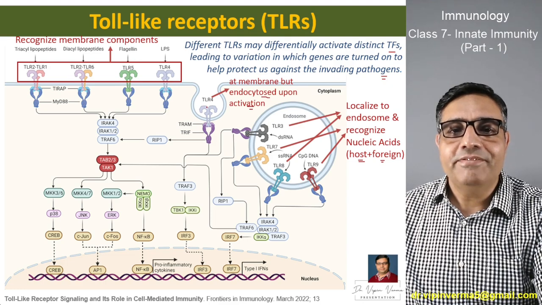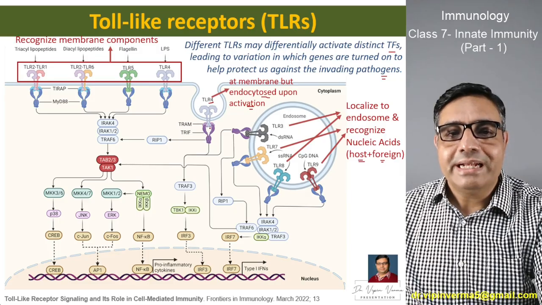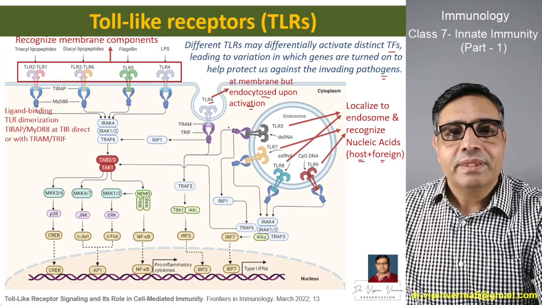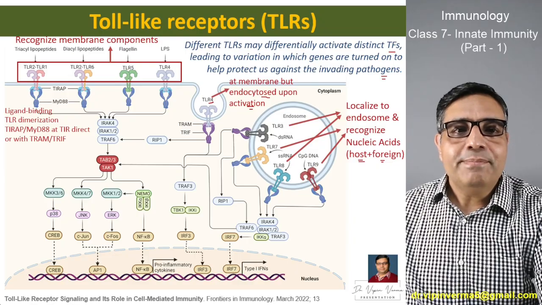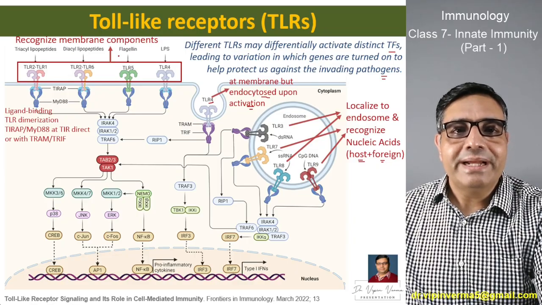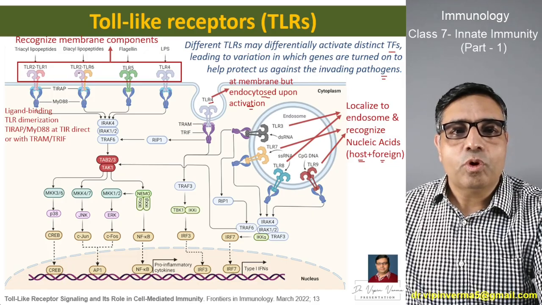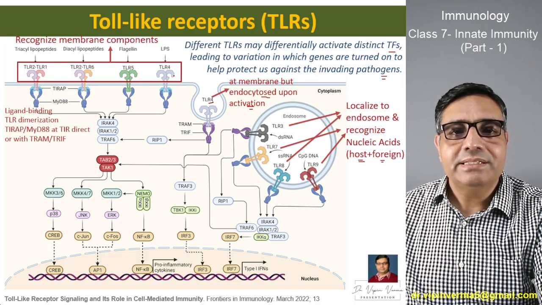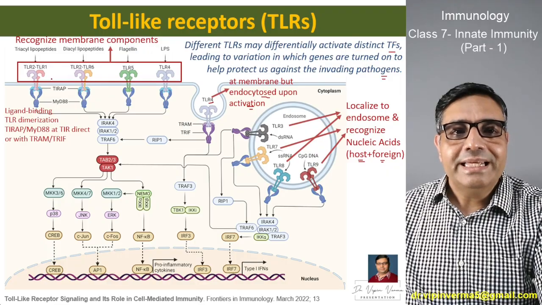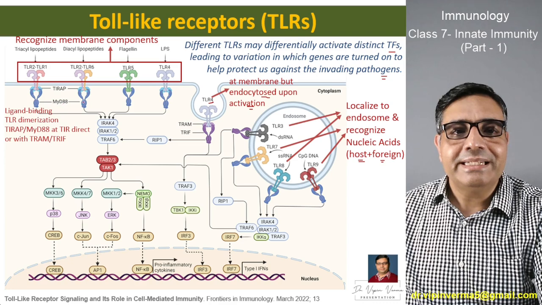Once it is activated, it dimerizes, so this is the homodimer of TLR4, and then it is endocytosed. Clear? Now, there is ligand binding. These ligands bind to the TLR, then the TLRs dimerize. Then TIRAP and MyD88 bind at the TIR domain.